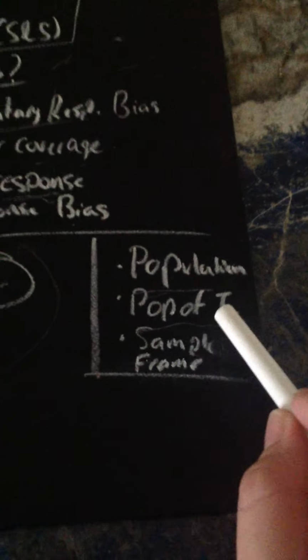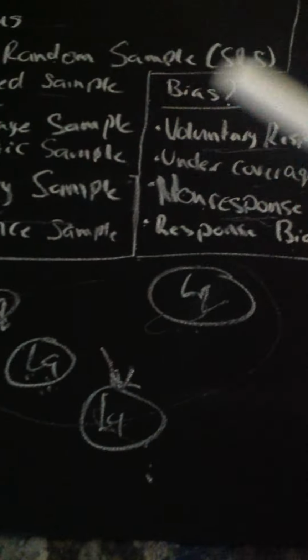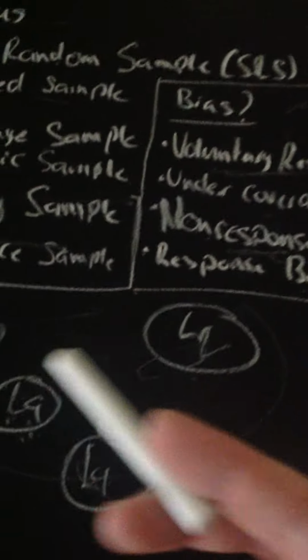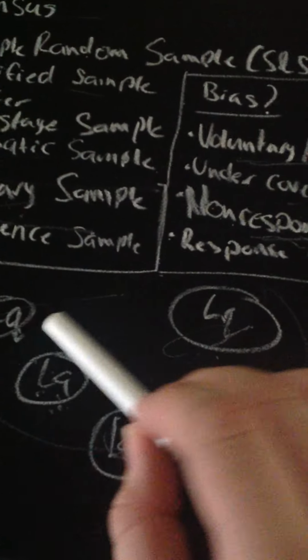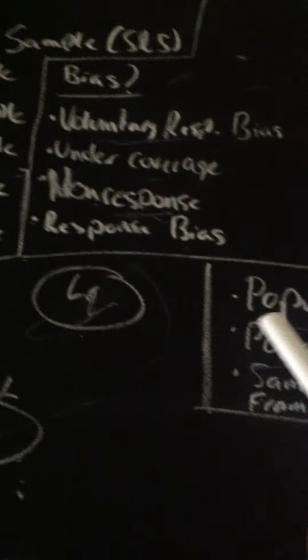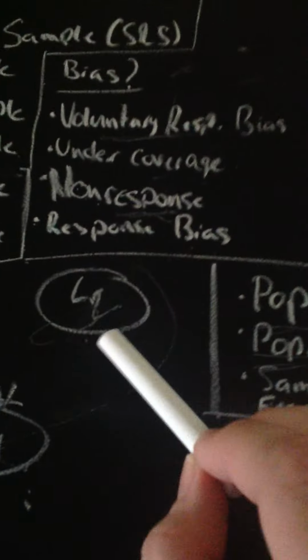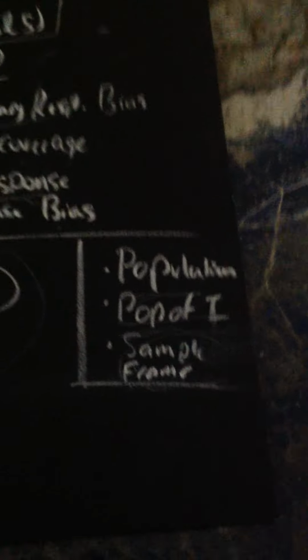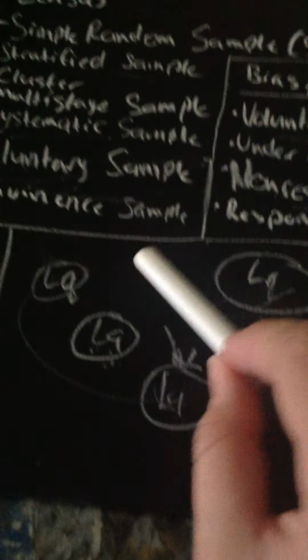The population of interest are the people you're looking for the response from. So with the political example, you're basically looking for the people who say, I like this candidate. That is your population of interest. Basically, what is the population that answers the way you want them to. And the sample frame is who you ask. Say if it's a systematic sample, the sample frame would be every 7th person at these La Quintas.